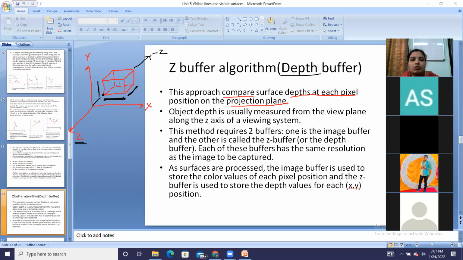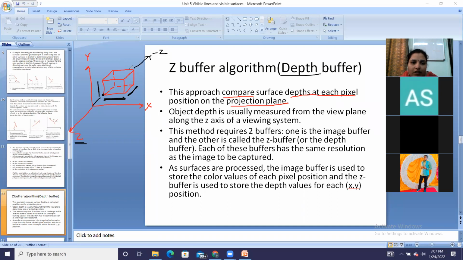Okay, so with respect to the z values, which point is visible? Which point is visible? I will take one line for simplicity.